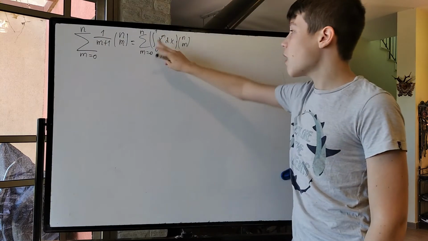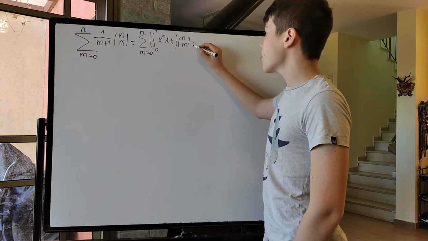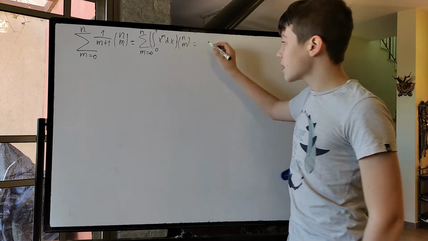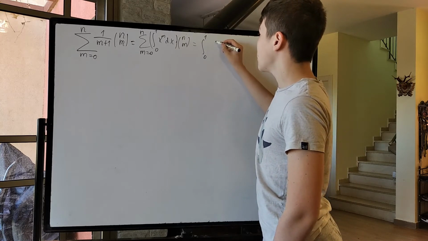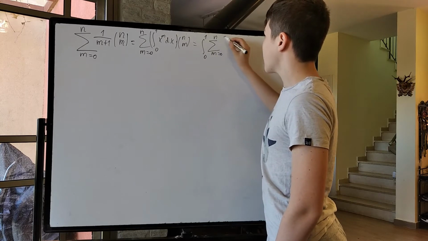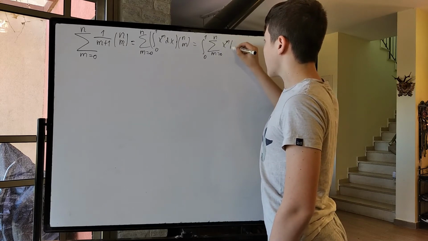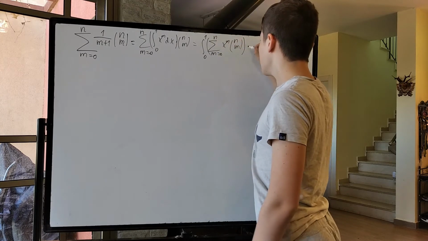Alright, now we can swap the integral and the sum because they're both finite and defined everywhere. So this is the integral from 0 to 1 of the sum as m goes from 0 to n of x to the m times n choose m dx.